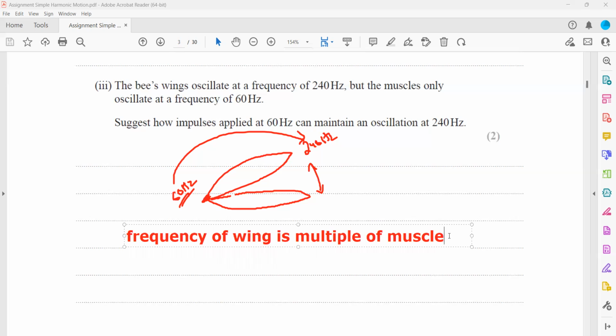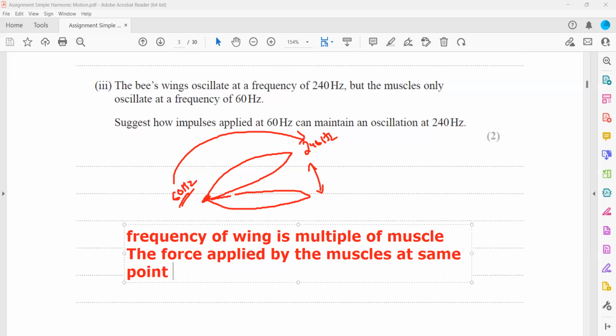And then the muscles apply the force every time at the same point. As a result, maximum energy is transferred, and the frequency of the vibration of the wing will be much higher compared to the frequency of the vibration of the muscle.